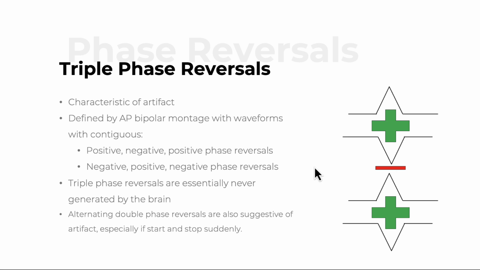So when you have positive, negative, positive, this inherently is not a physiologic field, because a physiologic source, based on the graphic I showed you before, should not do this. The arrows should point in the same direction, homing towards the source in an AP bipolar montage.